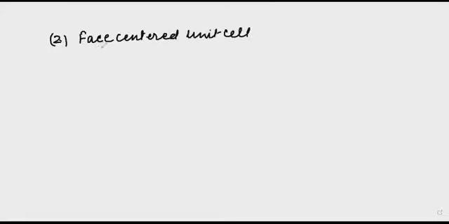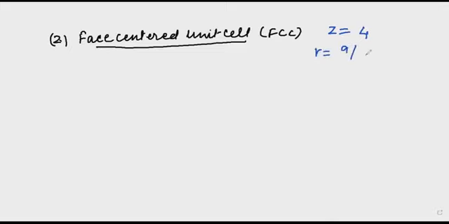In the second type of unit cell, we already know that this is the face centered unit cell, called FCC in short. You already know that Z is equal to 4 for FCC, and the relation between radius and edge length is R is equal to a upon 2 root 2.